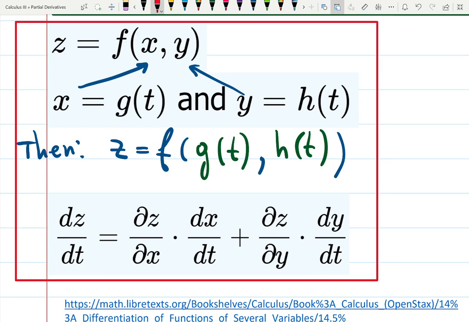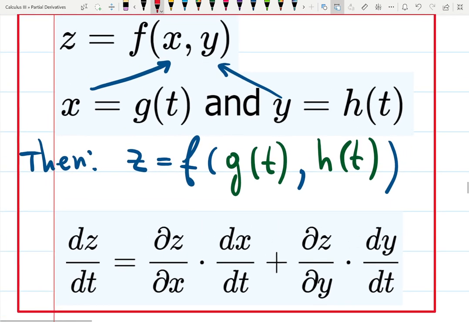You differentiate the function outside. So look at what I'm asked to do here. I'm asked to differentiate to the very last variable, to the smallest Russian doll, t. So I want to dig into the very last inside t. To do that, I need to do it in order. I'm first differentiating z with respect to x.